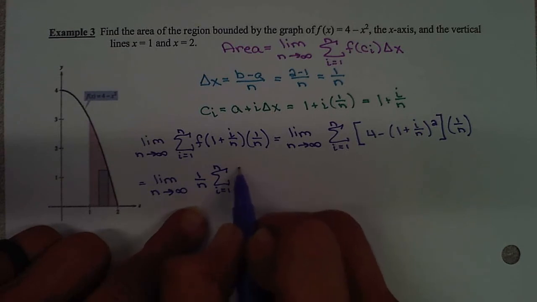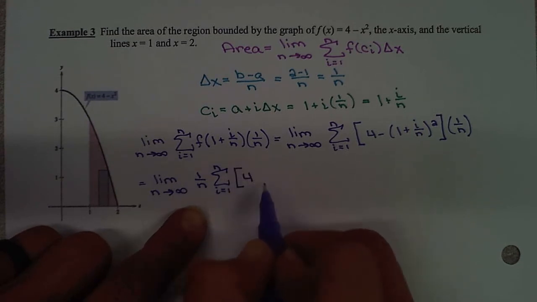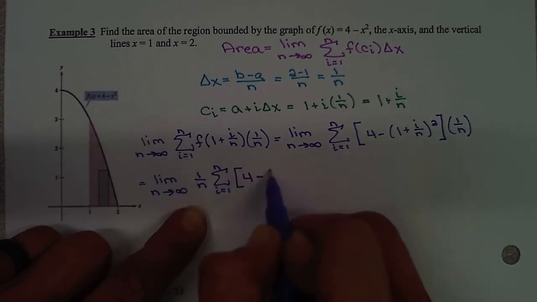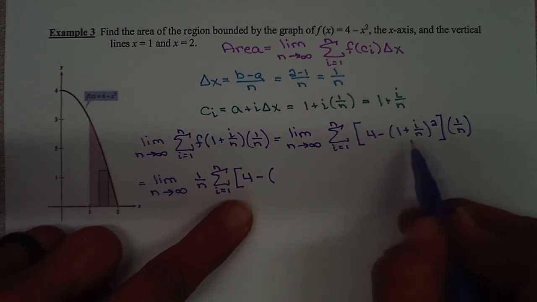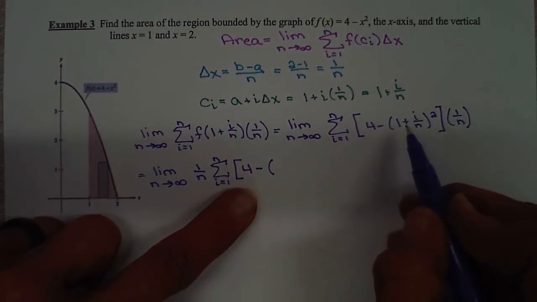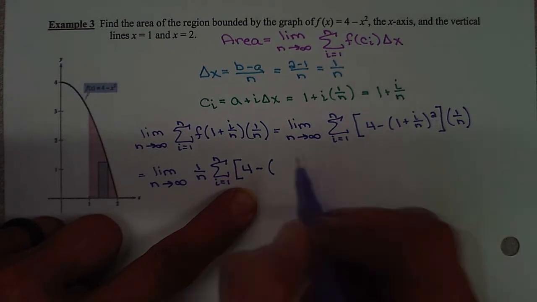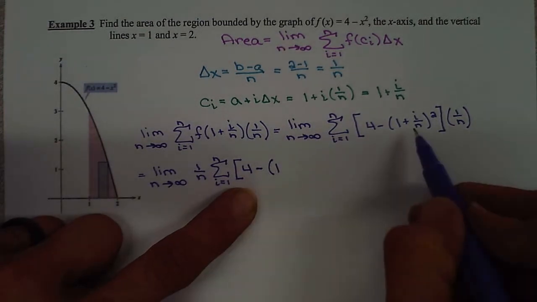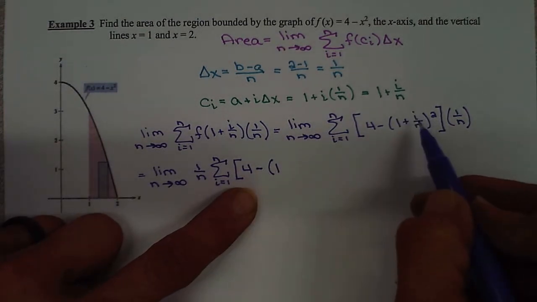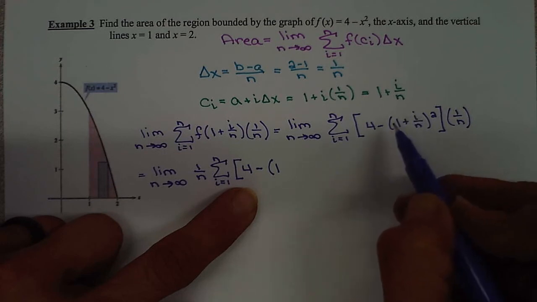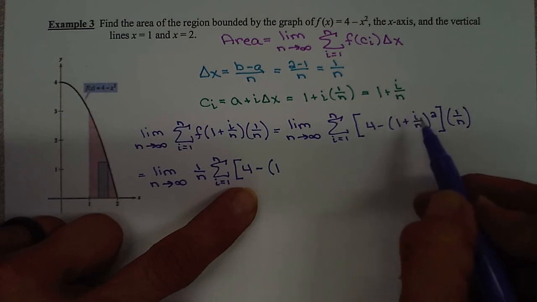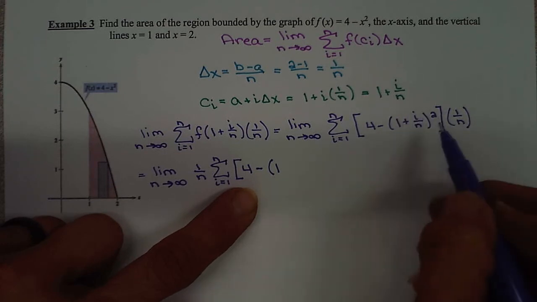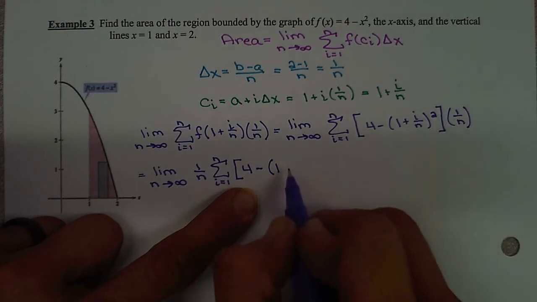And now here I have my 4. It's going to be a minus, and it's minus this thing distributed. So first off, a 1 times a 1 is going to give me a 1. Then a 1 times an i over n, and then another 1 times an i over n is going to make a 2 times an i over n.